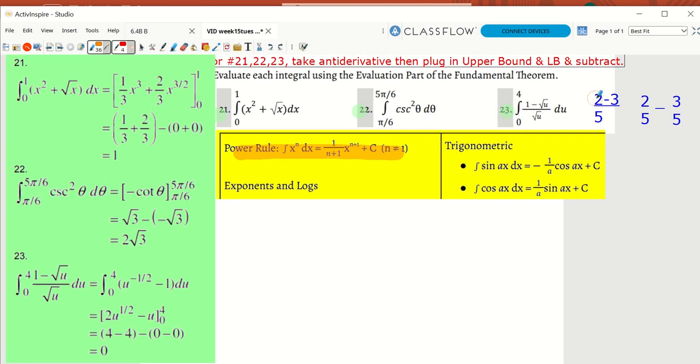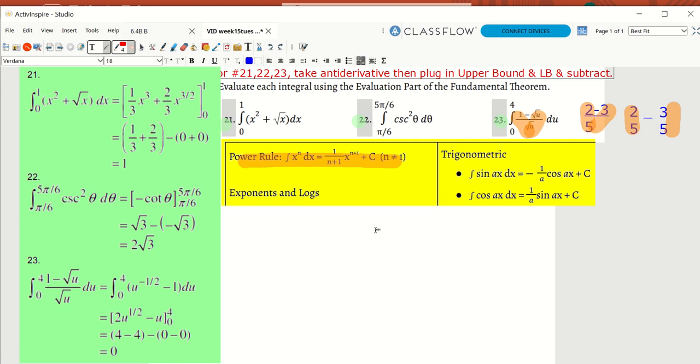Just like the 2 and the 3 got separated, we're going to separate these into two fractions. This is easy right here. This root u over root u is going to be 1. And here, this is 1 over root u, which is basically 1 over u to the power of 1/2.